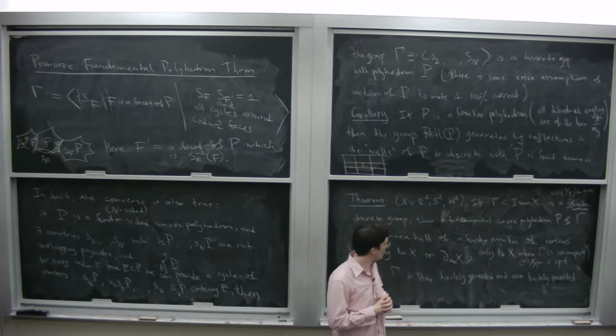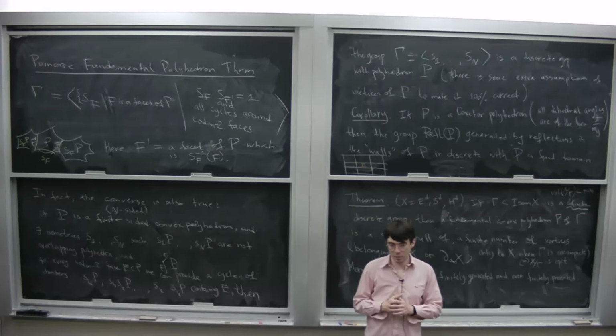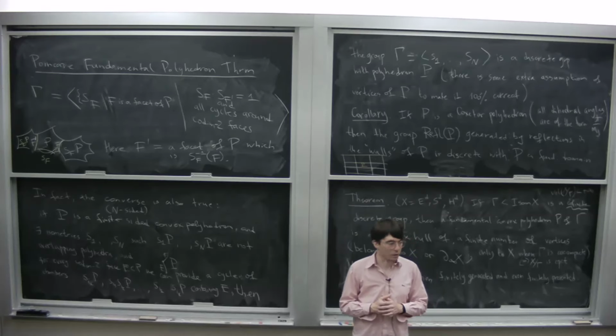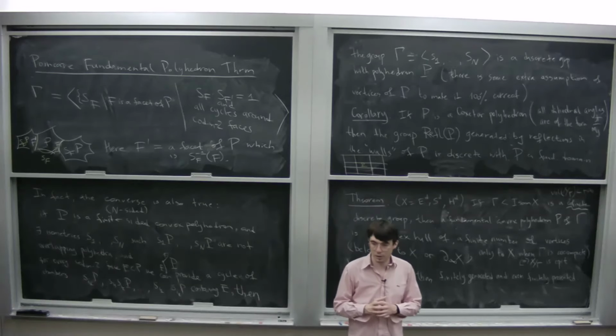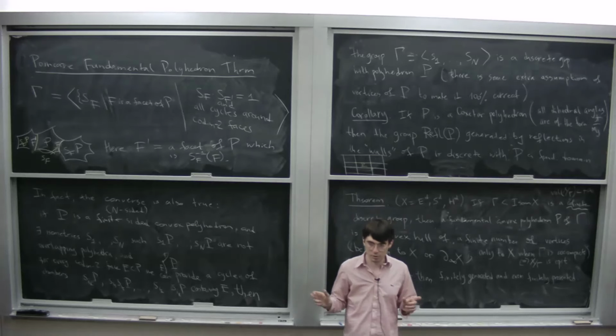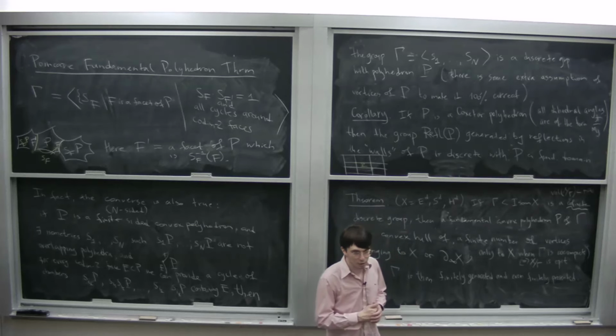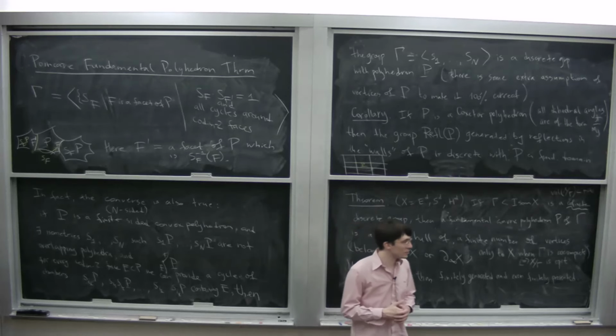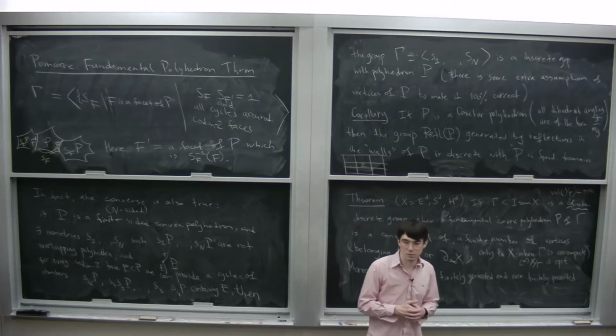And a good example is actually a reflection group. You can think of, say, a symmetric group S_n. It is generated by involutions, right? By just transpositions. And those can be viewed as reflections in hyperplanes in R^{D+1}.